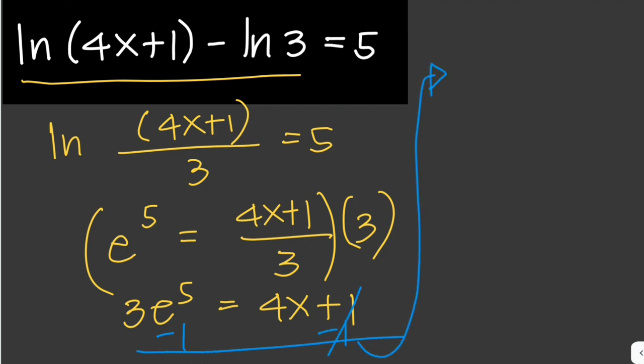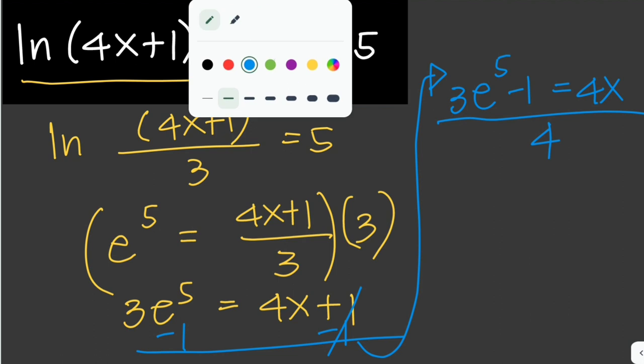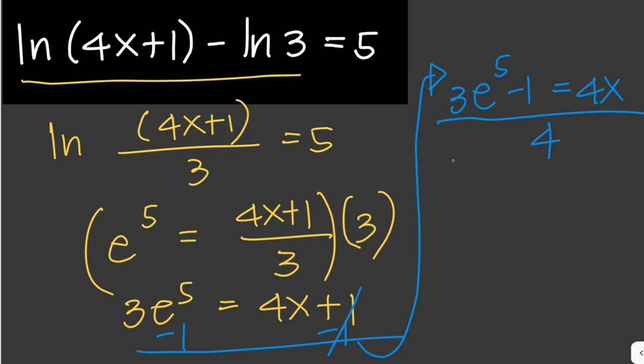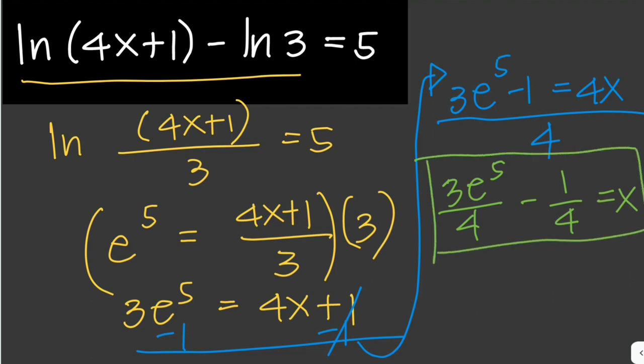This would give us 3e to the 5th minus 1 equals 4x, and we divide both sides by 4. Then we get 3e to the 5th over 4 minus 1/4 equals x. So this is the value of our x.